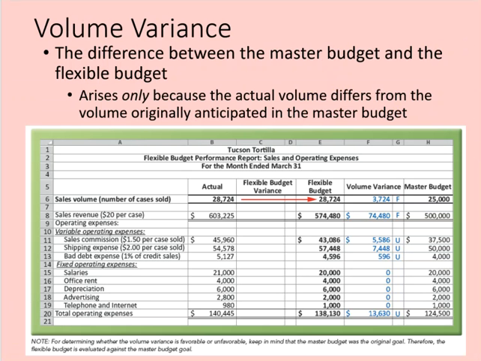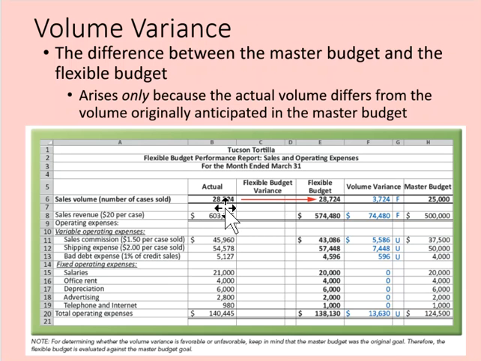Here's another one where we can look at the volume variance, which is the difference between the budget and the flexible budget. And recall that the only difference between these two budgets is the volume of units on which they are based. They both use the same budget assumption but a different volume. So the volume variance arises only because the volume of the cases actually sold differs from the volume originally anticipated in the master budget.